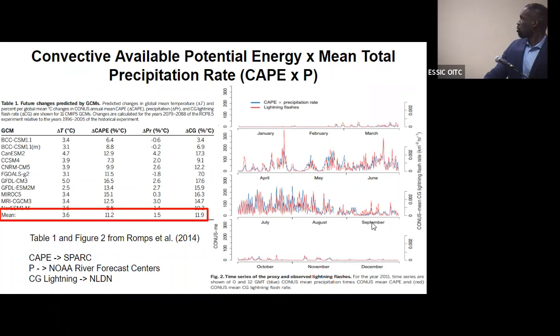And here, when he compared NLDN lightning in red, and sorry, this is a little bit hard to see, with CAPE from the NARR reanalysis and total precipitation rate from NOAA River Forecast Centers, he found that they both track pretty well together. When the CAPE times precipitation rate goes up, so does the NLDN lightning, at least for the year 2011.